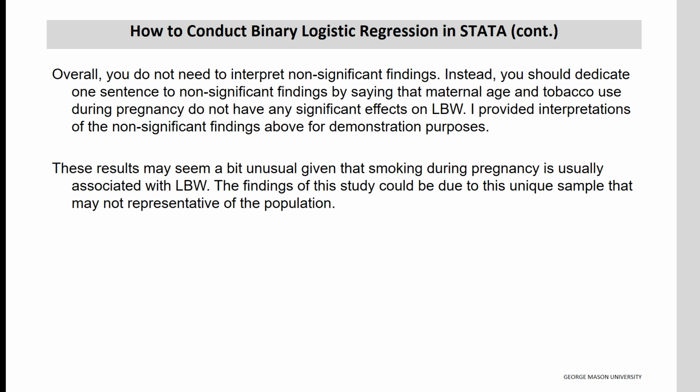However, in this example, I provided interpretations of the non-significant findings just for demonstration purposes. Now, these results may seem a bit unusual given that smoking during pregnancy is usually associated with low birth weight, but the findings of this study could be due to this unique sample that may not be representative of the population.